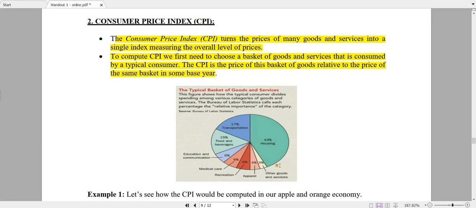The statistical bureau will assess that a typical consumer spends 43% on housing, 17% on transportation, 15% on food and beverages, 6% on educational and communication facilities, and so on.